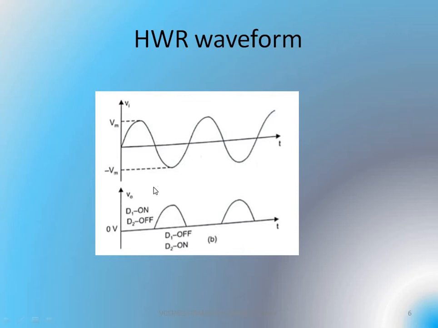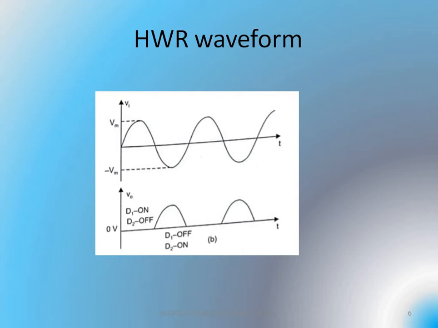For the applied positive half cycle we are getting the output as 0. Whereas for the negative half cycle, due to the inverting mode of operation, the negative half cycle is converted into a positive half cycle. And this will take place only when D1 is off and D2 is under on condition. So here this inversion is because the applied input is with respect to the inverting terminal of the operational amplifier.